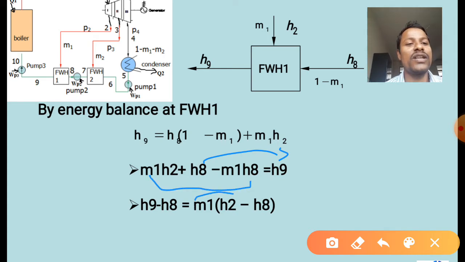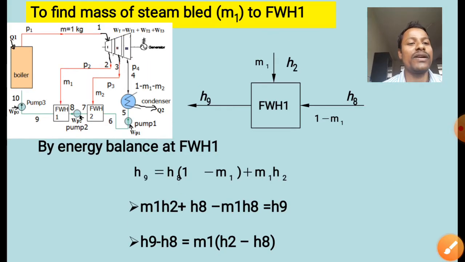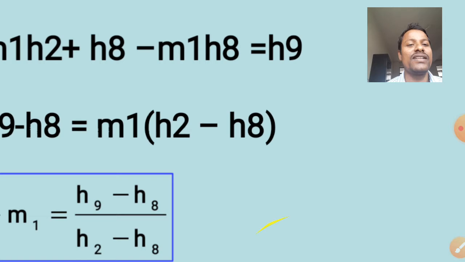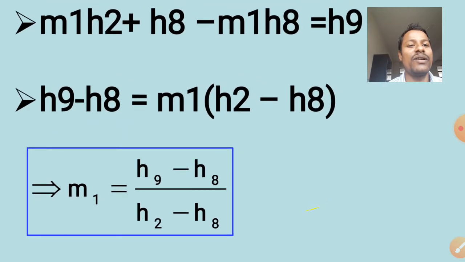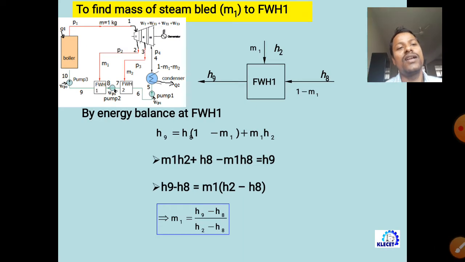So therefore M1 into H2 minus H8. So hence we will be able to find out the expression for M1, that is H9 minus H8 divided by H2 minus H8. So this is the formula for the mass of the steam bled and sent into the feed water heater 1.